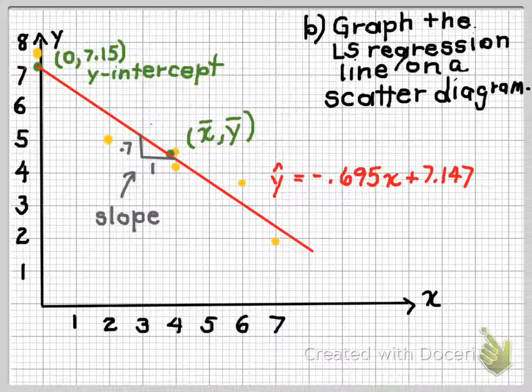And that is the second green point that you see there. We computed both those means when we calculated the y-intercept. So connecting those 2 green dots, we have the least squares regression line.